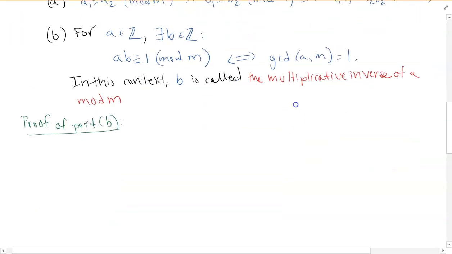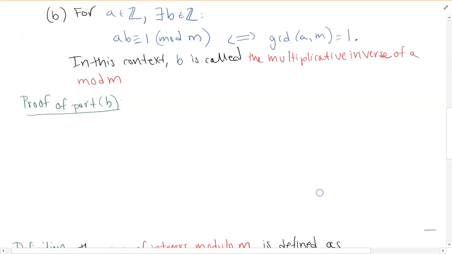Okay, so if we look at the proof for this part, I'm actually going to do the left to right direction first. So we're going to assume, we let the GCD of A and M be 1.